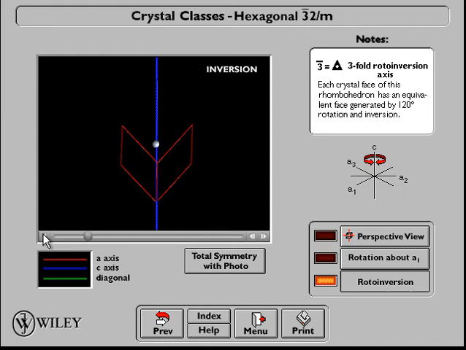Then we are making an inversion through the center of symmetry. Then we are making again a 120-degree rotation. Then again inversion through the center of symmetry. We have it then there.